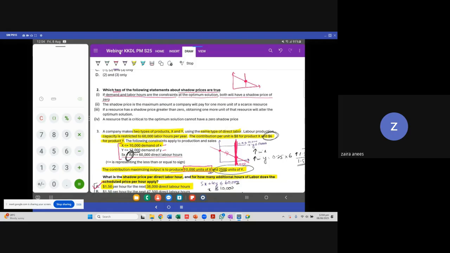Whatever is at the solution is the binding constraint, and a binding constraint has a shadow price. Whatever is above the solution is in slack, and slack doesn't have a shadow price. So since this is at the solution, labor will have a shadow price. So this statement is false. What about the second? Try to read it and identify.